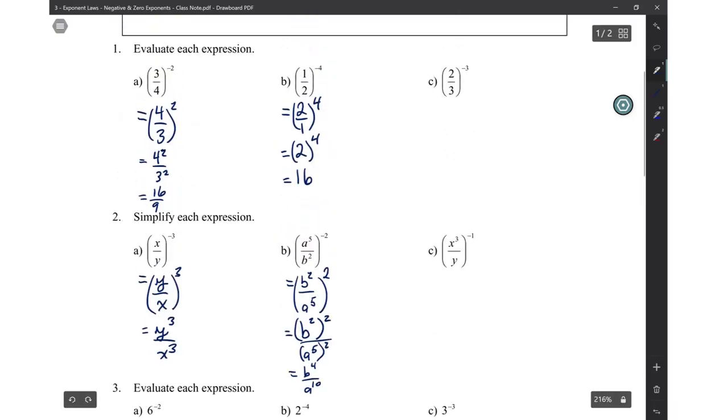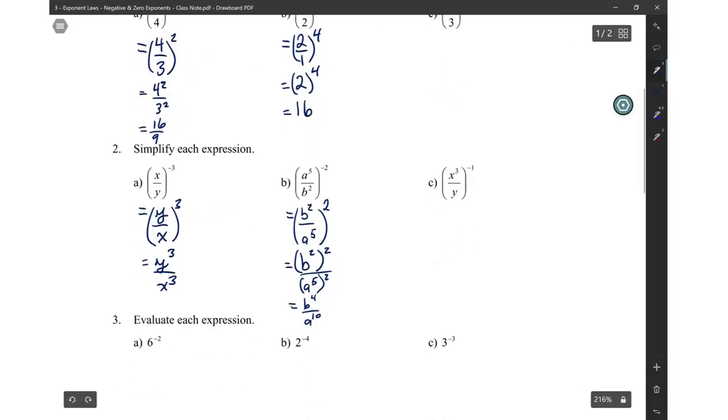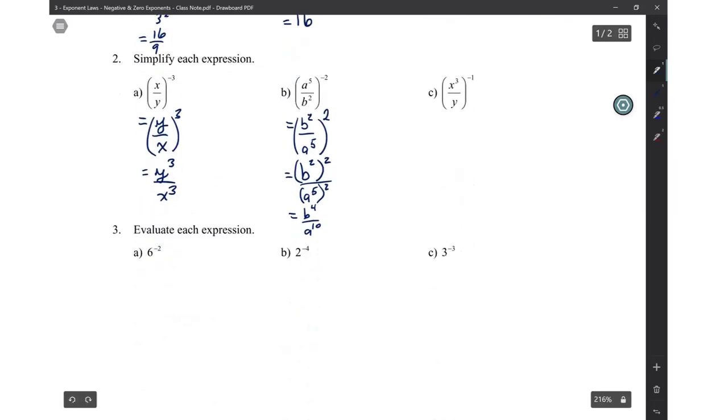For 3, we are going to use the same rule here, but we will use it in a different way. So we can rewrite this 6 here as 6 divided by 1. Just as we did earlier, if you divide anything by 1, it is just itself, so we're allowed to do this. And that's all to the exponent negative 2.